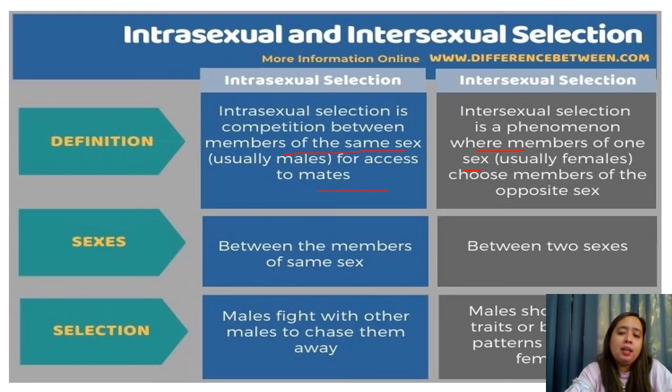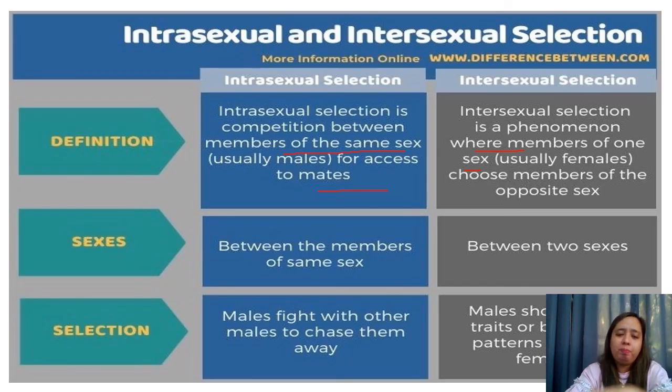But in intrasexual, whoever wins the fight will have access to the mates, like the lions and the lioness. Intersexual is like most of your birds, like your peahens and peacocks. Peacock is the male peabird, and peahen is the female peabird.